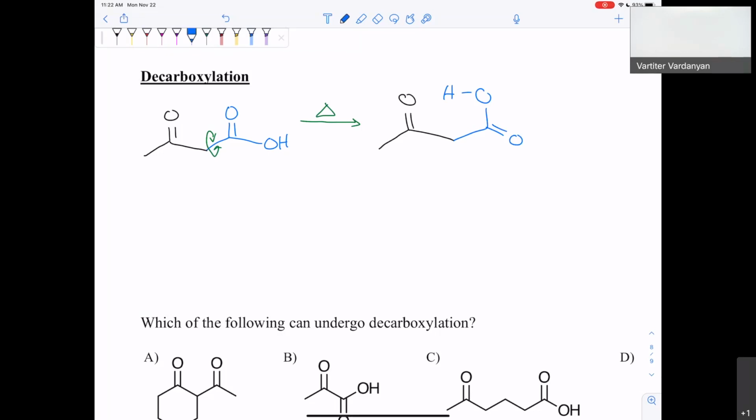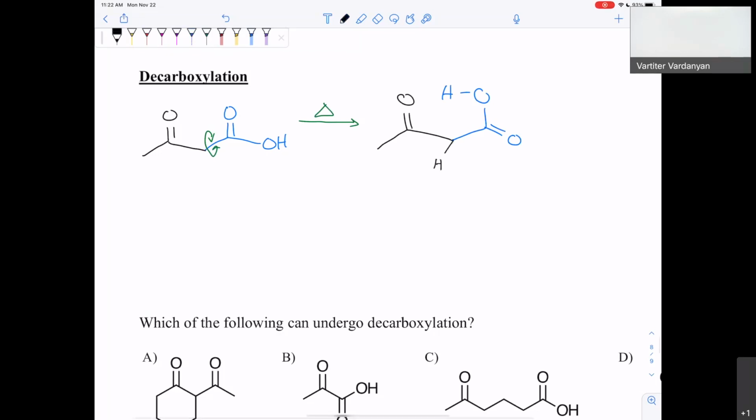And right now I'm not including any of the stuff on the bottom just to make it easier. I'll make this 2 hydrogens. So all we're doing is zooming into the last part of that reaction and doing it over again.